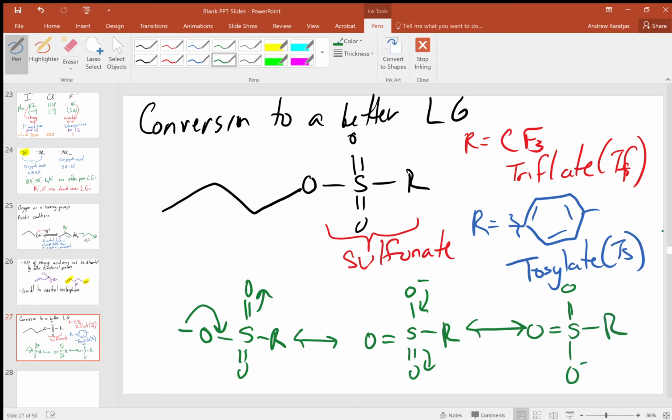And then depending on what you choose for an R group, that can make the leaving group even better. And so we said triflate here is one of the best leaving groups that we have out there. And that's because your negative charge is not only stabilized by resonance of the other two oxygens, but you've also added three electron withdrawing fluorine groups.